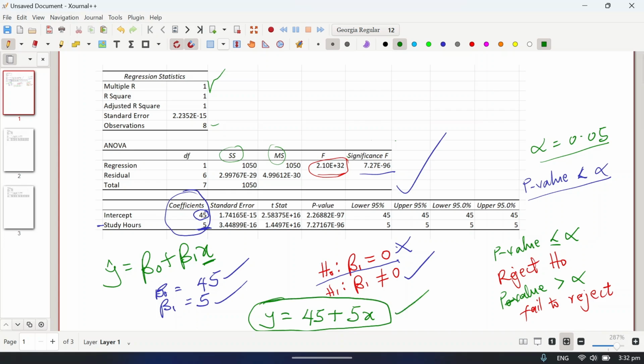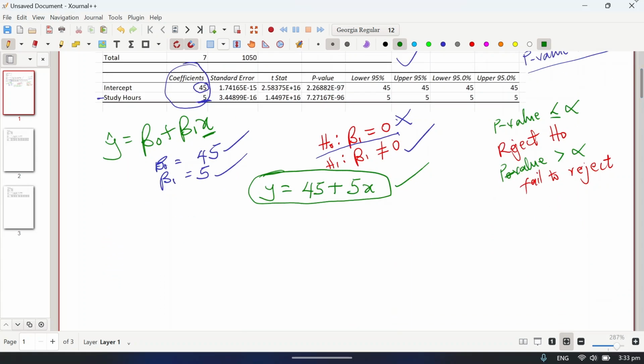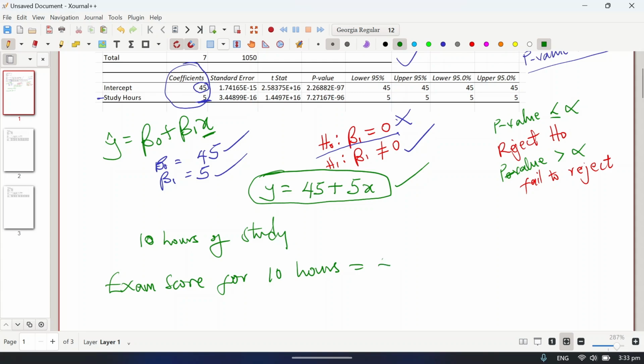Now, if you want to use this for prediction, just as we did the other time, you just use your equation. Let's say we have 10 hours of study, and we want to predict the exam score for this. The exam score for 10 hours will be equal to 45 plus 5 multiplied by 10.